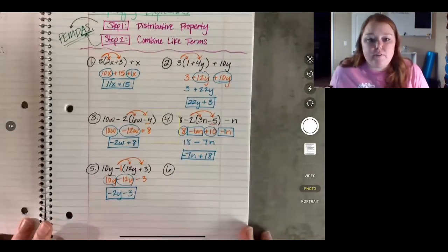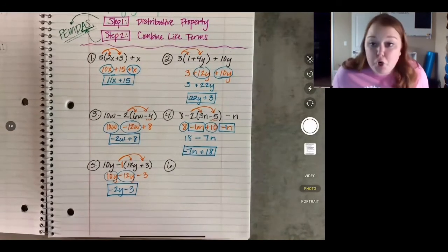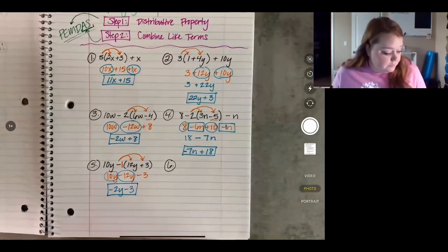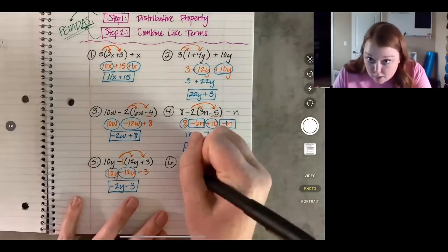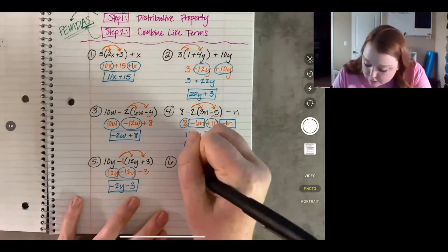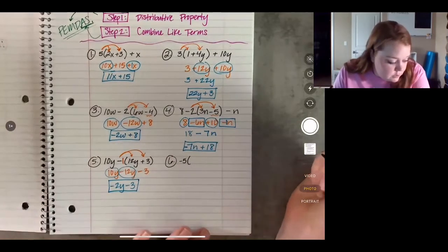Okay, we're going to do one more together. This is kind of like a go big or go home type question. Ready? Okay. It's a lot. Don't write too big. -5 is right next to a set of parentheses.